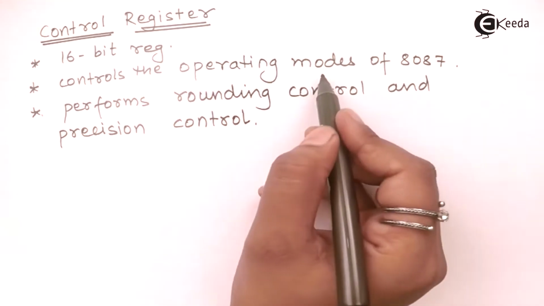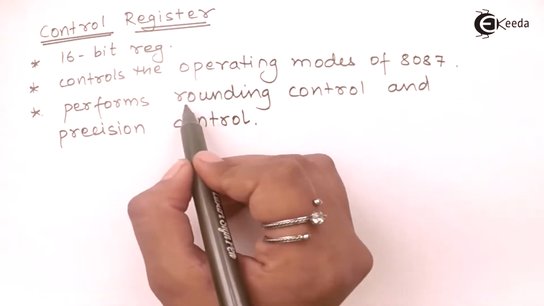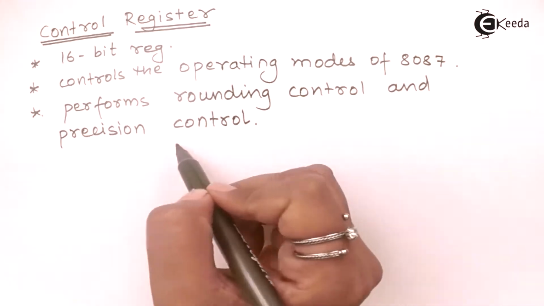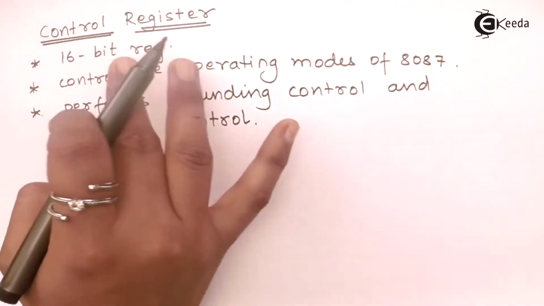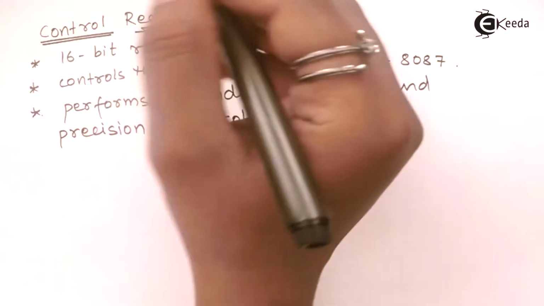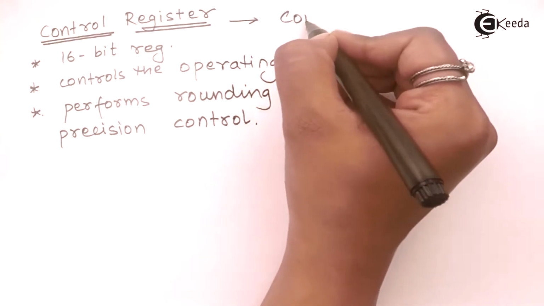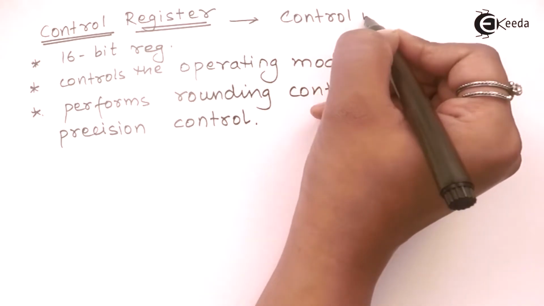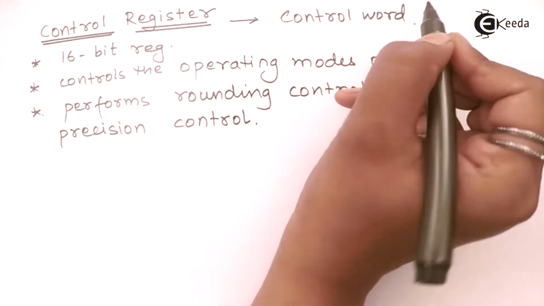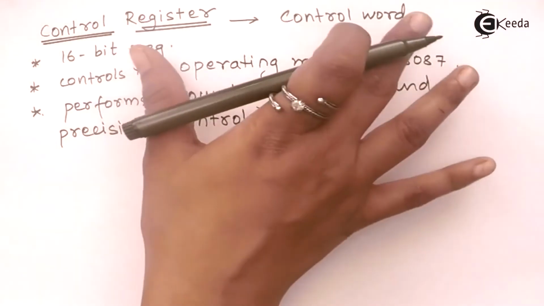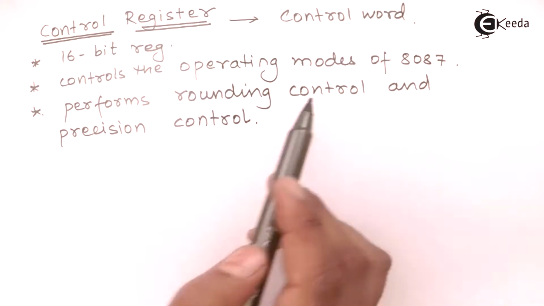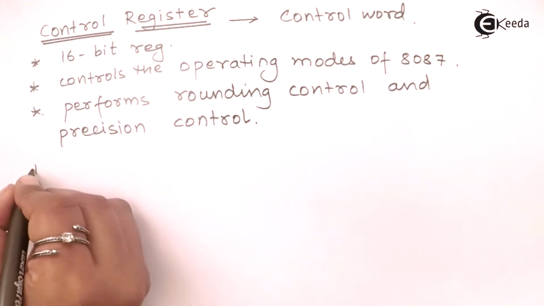So not only the operating modes, but it also performs the rounding control and the precision control. The control register is a 16-bit register. Its contents will be known as the control word. So the control word will be written into the memory so that in whatever mode we want the 8087 to function, we can control that mode through it. Okay. Rounding control and precision control is also done.